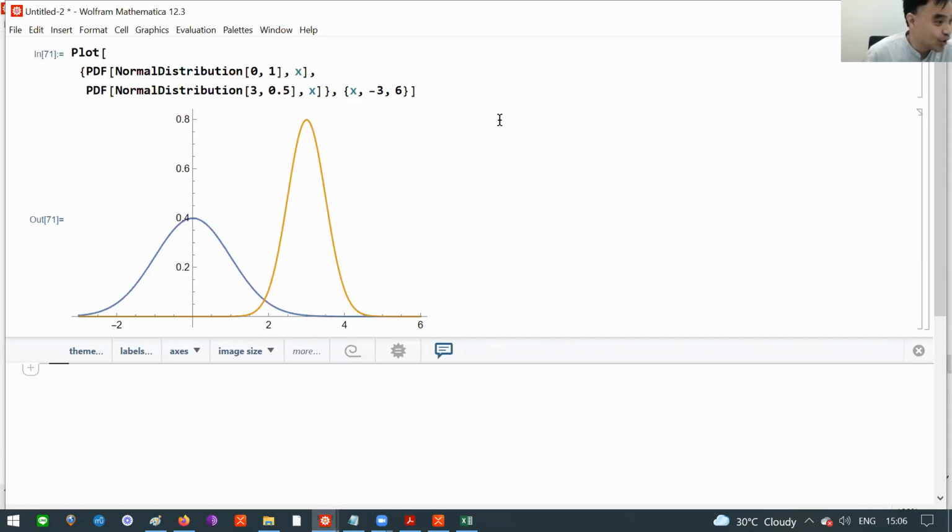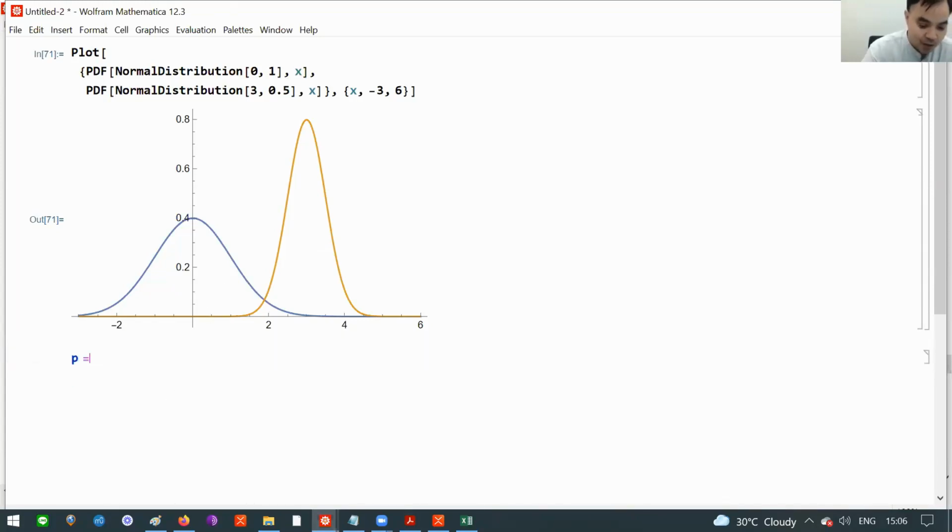Now what I can do is make a Bernoulli choice. What's a Bernoulli choice? It's just a linear combination of this and that. Let's say P equals 0.2 is the probability of the left distribution, and 1 minus P, equal to 0.8, is the probability of the right distribution.